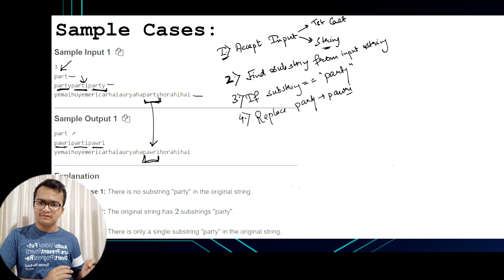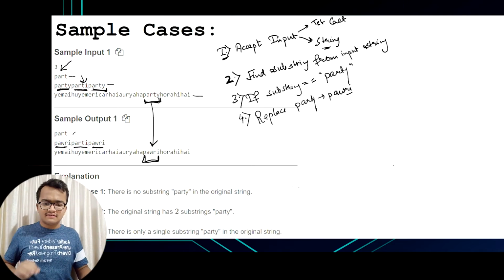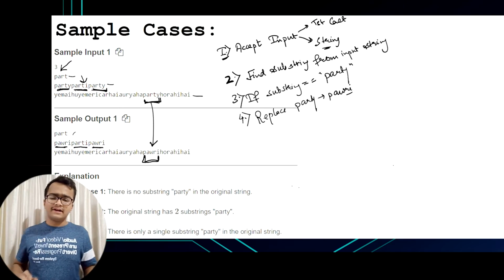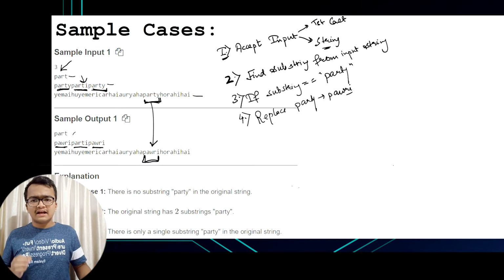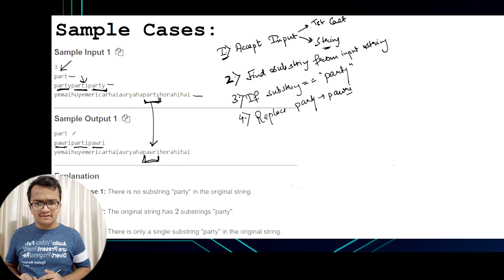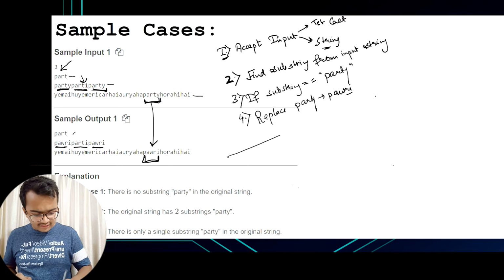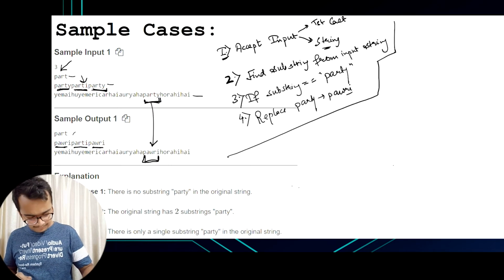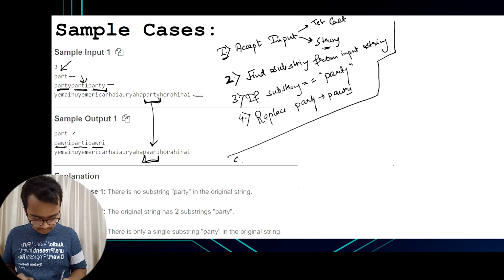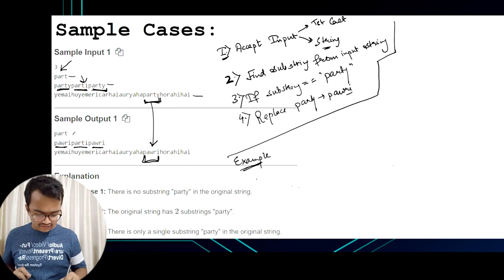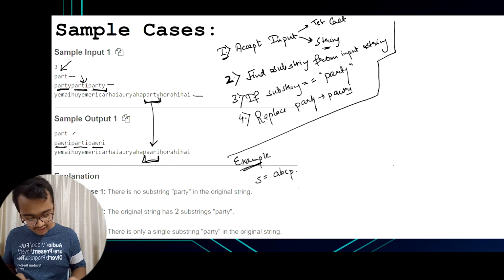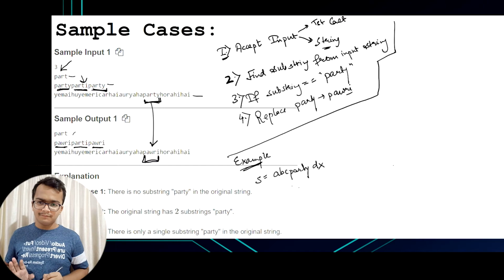Okay, very good. Now let's understand a different thing, that what is a string actually. A string is actually an array of characters. Let's understand this with the help of an example. See, I have an example over here. Let's take a string, for example, s equal to abc party dx. Clear?